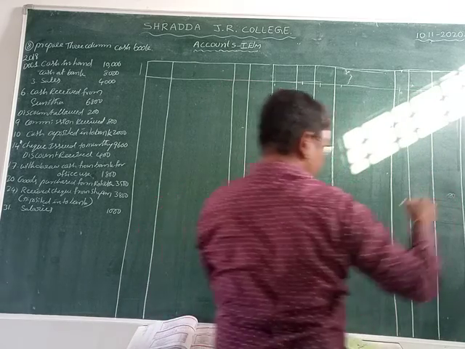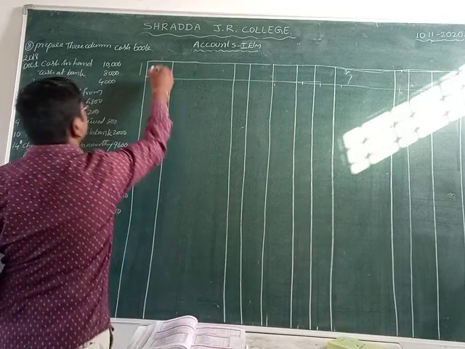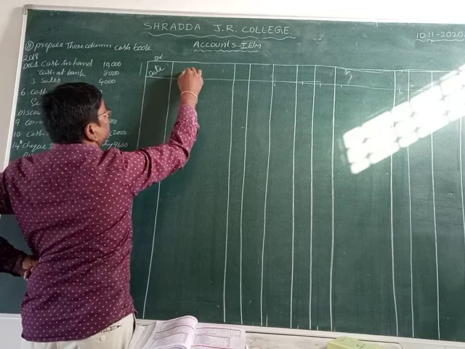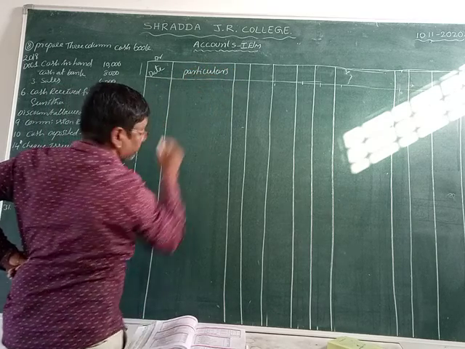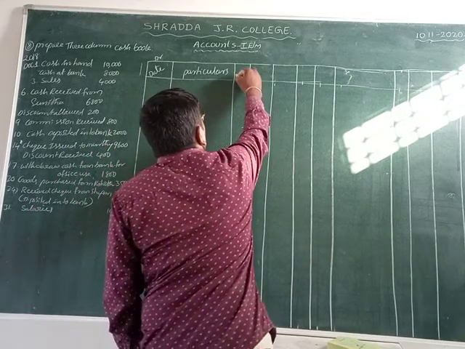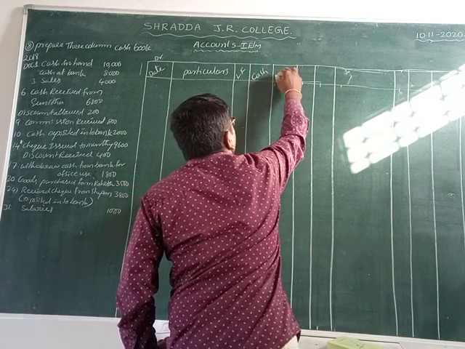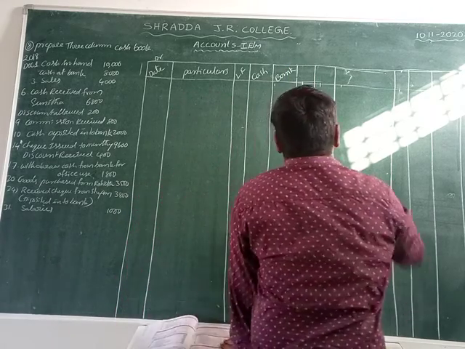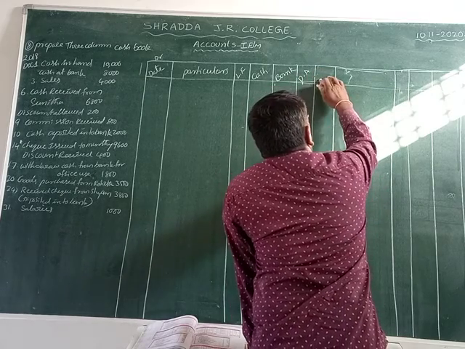Okay, students, here is a credit, here is a debit. Let us take a date, particulars, next one, LF, cash, bank, DA, discount allowed.